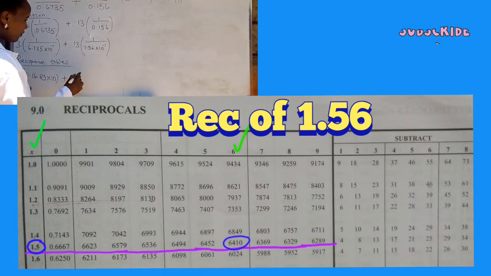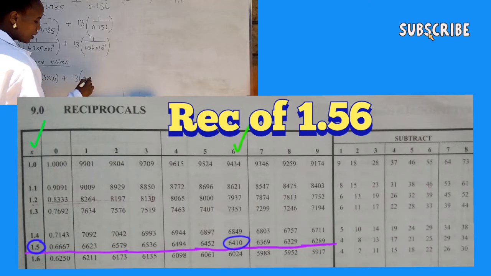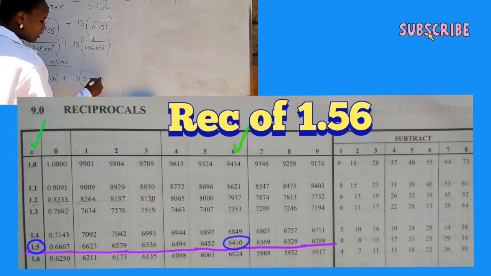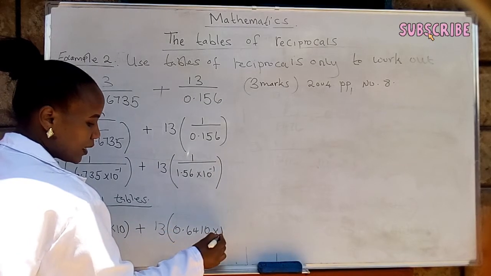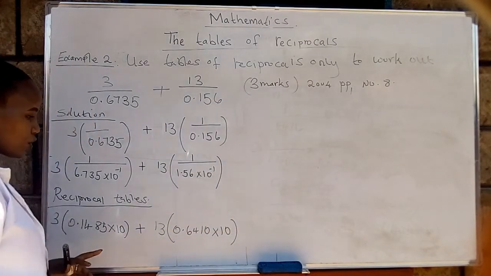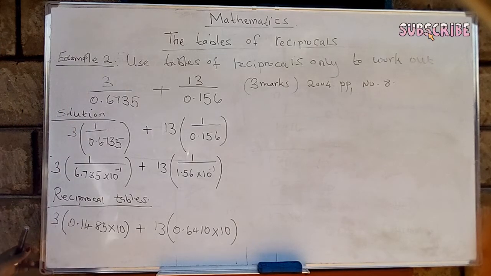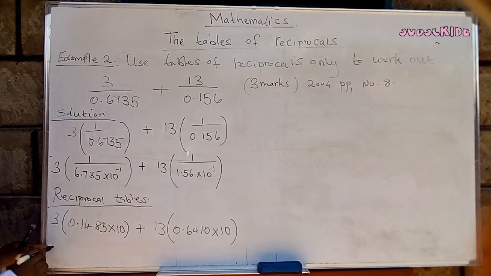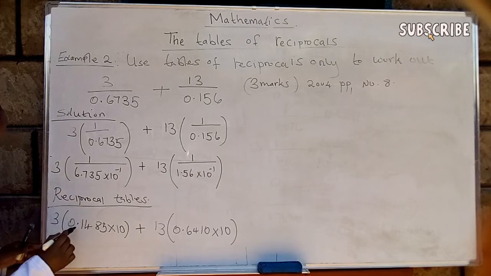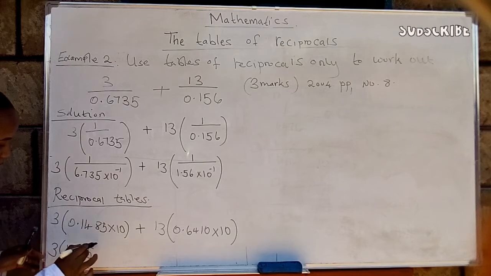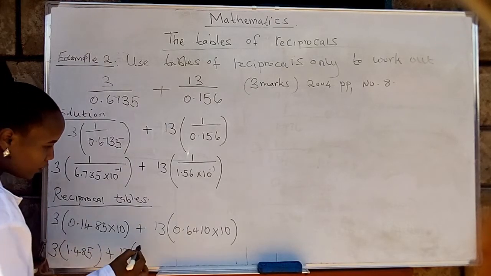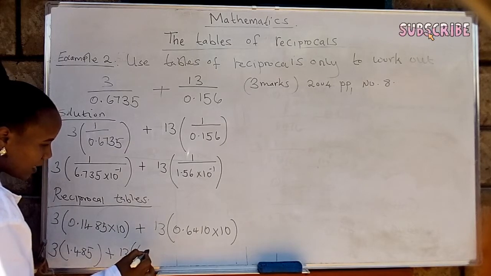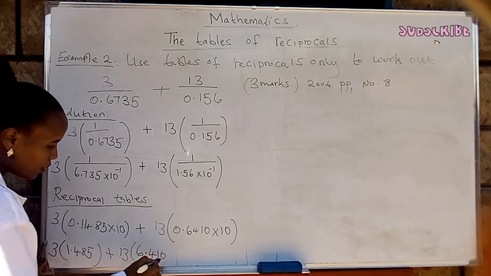So we have 0.6410 times the reciprocal of 10 power negative 1, which is 10. So having done that, we shall have 3 times 1.485 after multiplying, plus 13 times, if we multiply this one, we shall get 6.410.